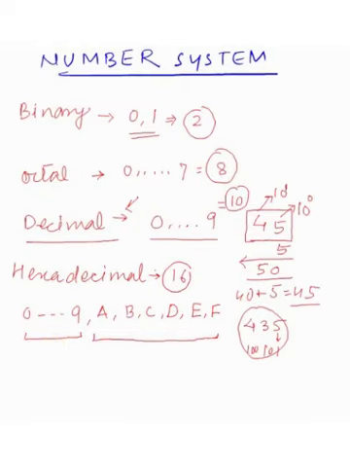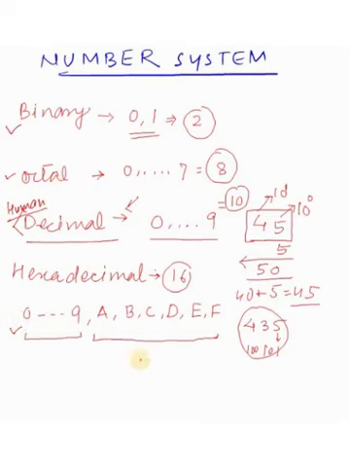So this was about the number systems and the base. Out of these four number systems, the decimal number system is used by human beings, and the other three number systems are used by computers. So this is the basic.